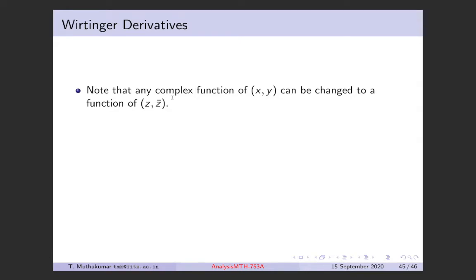So you see that any complex function is usually given in terms of x and y, the real part x and the imaginary part y. Basically, any z has a real part x and an imaginary part y.